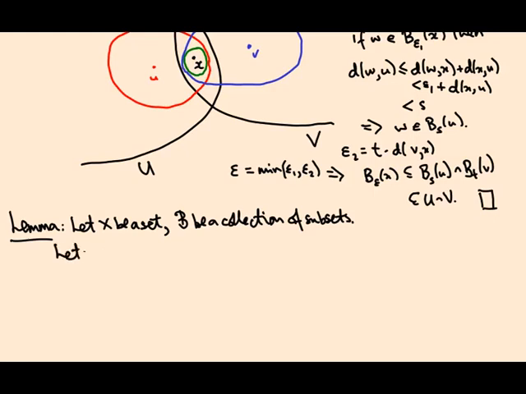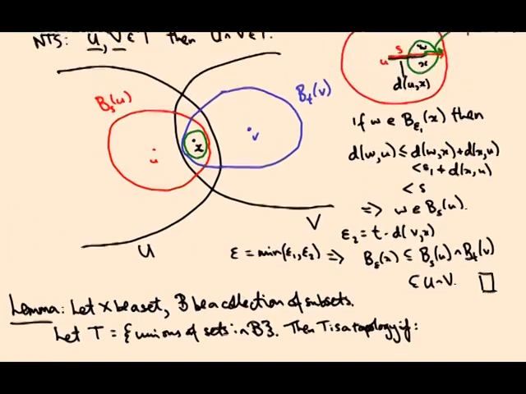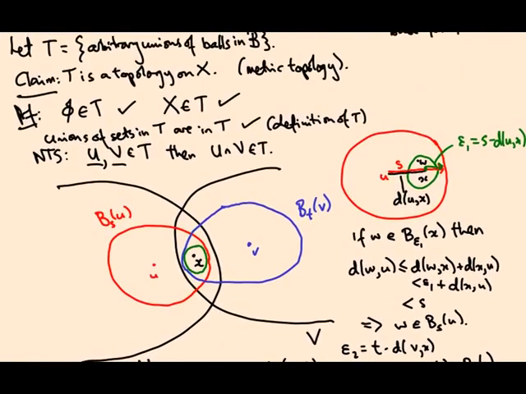Let T be the set of arbitrary unions of sets in B. Then T is a topology if some conditions hold. Let's go back and examine the proof and see what we actually need to check.